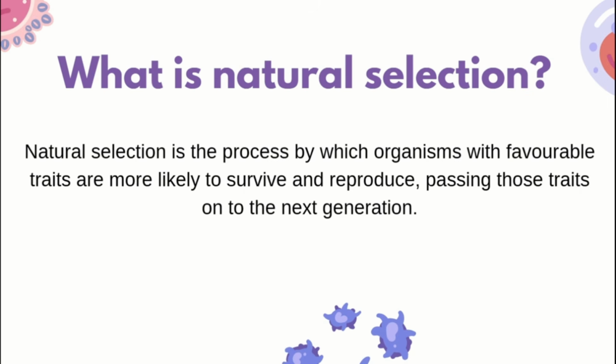The definition that we have here is saying that it's the process by which organisms with favorable traits are more likely to survive and reproduce, and pass on those traits to the next generation. What is that telling you? Basically, in nature, only the fittest of the fittest are going to survive.